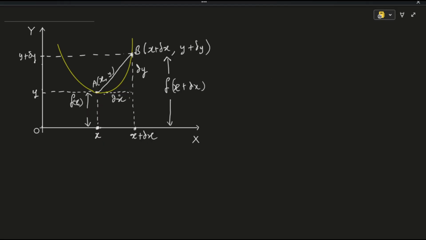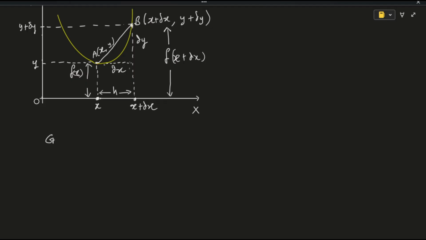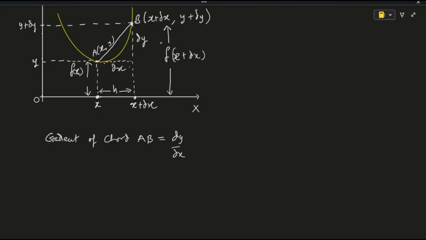Now, let this small increment in the x-axis, dx, be indicated as h. So the gradient of the chord is given by, now from the diagram, dy is given by f of x plus dx minus f of x.